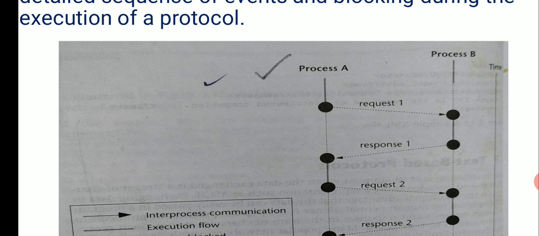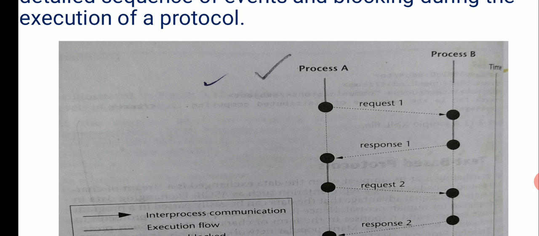So when it receives request from process A, it unblocks the process. Okay, the process is unblocked. So the arrival of request 1 reactivates process B, which processes the request before issuing a send operation to transmit response 1 to process A.